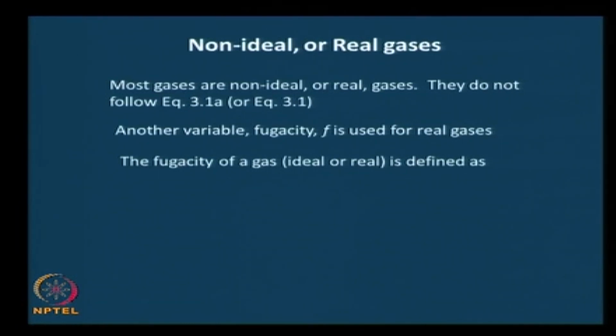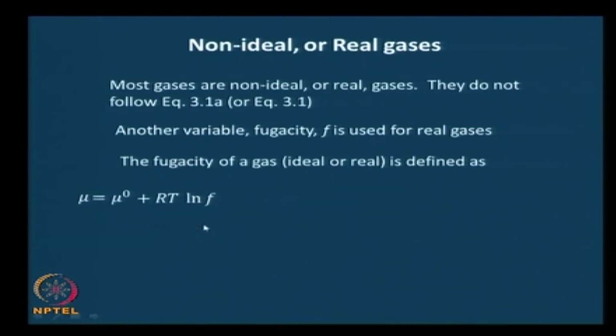Therefore, the fugacity of a gas, either ideal or real, is defined by the expression: the chemical potential mu equals mu naught plus RT ln F. Note that for an ideal gas it was mu equals mu naught plus RT ln P. Here instead of P we are using fugacity.